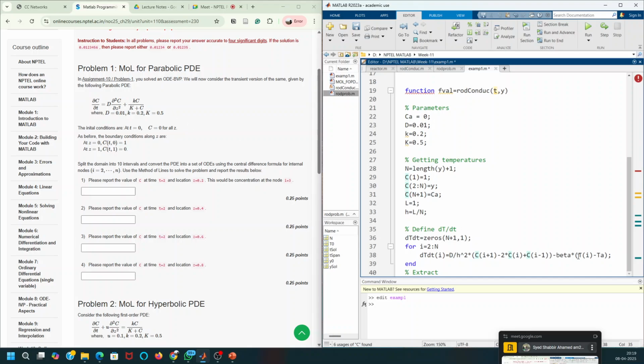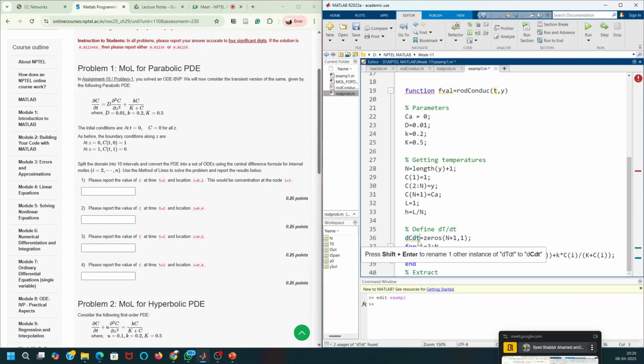And here instead of this, we will have k plus K into C of I divided by k plus capital K plus C of I. So that is the equation here which we have. Okay, so the function is modified.